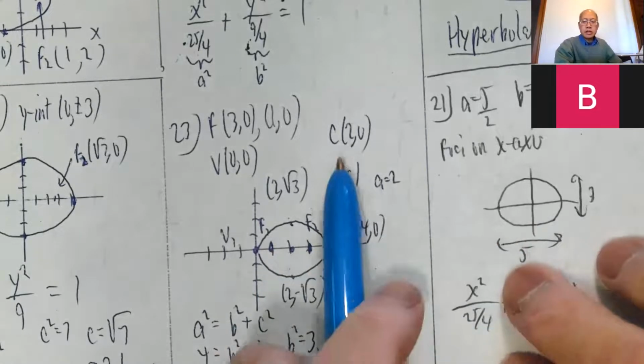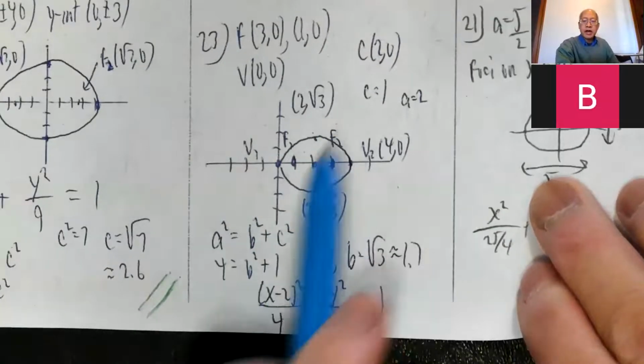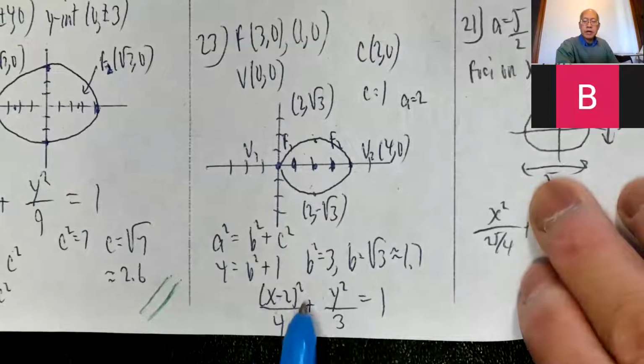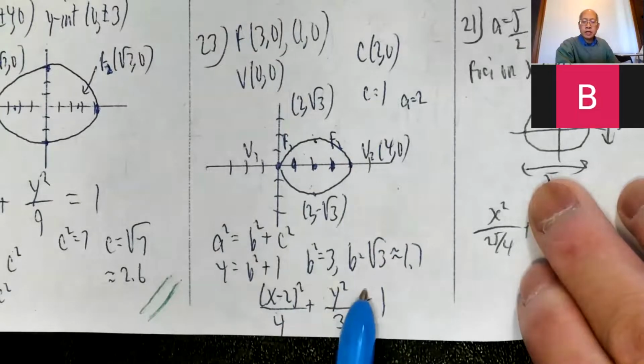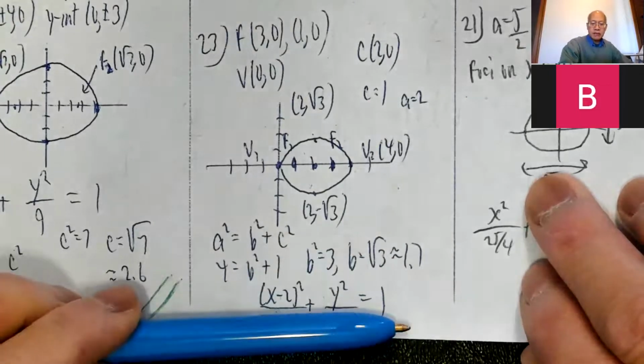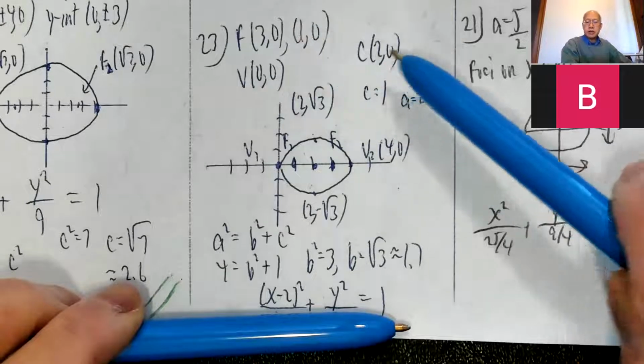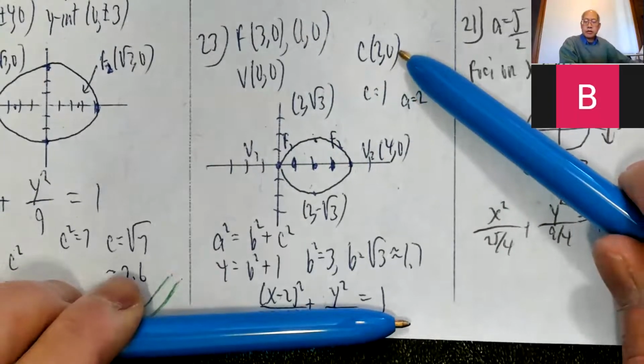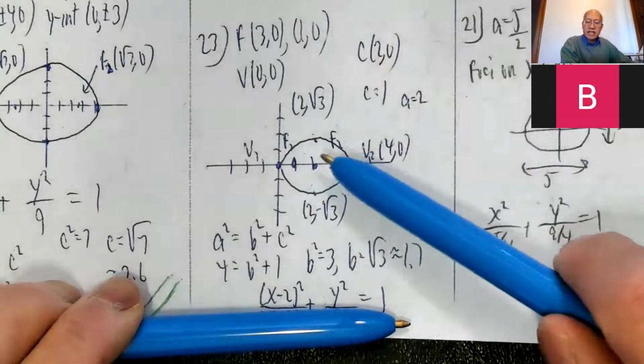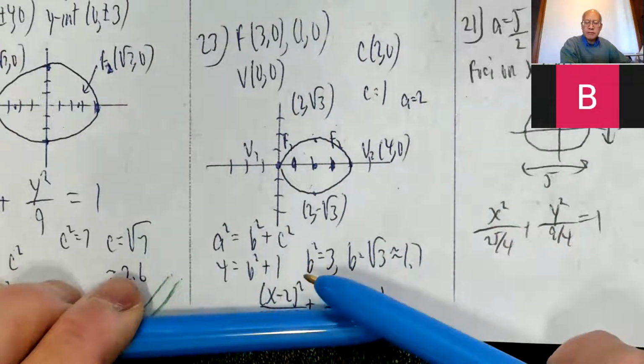So my center is (2, 0). So automatically I know I'm going to have x minus 2 squared over something plus y squared over something equals 1. So at this stage of the game, I already know this. Center at (2, 0) instead of (0, 0), so x gets replaced by x minus 2, shift 2 to the right. I have to figure out this stuff here.